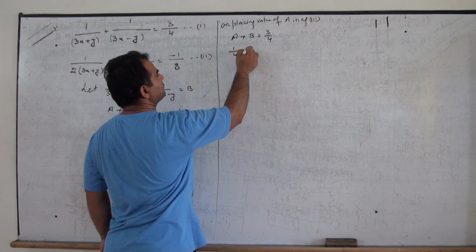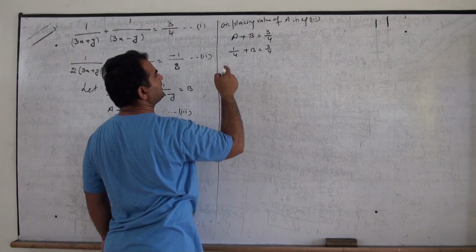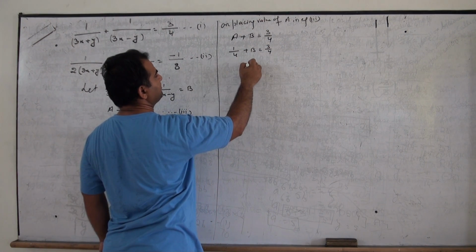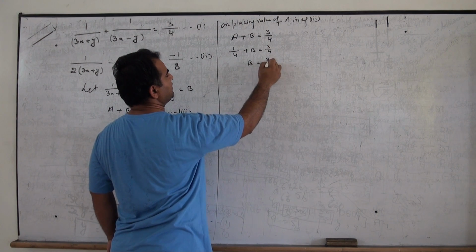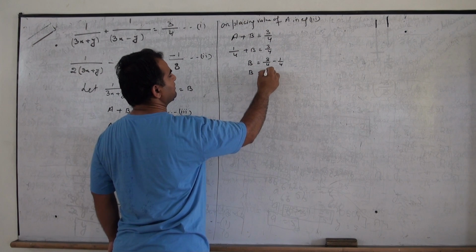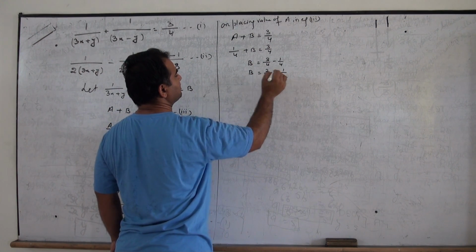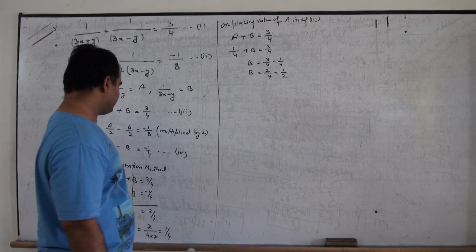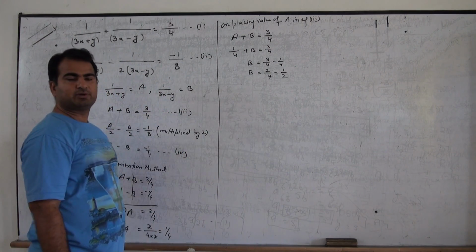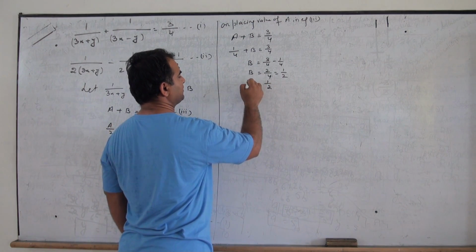So 1 upon 4 plus b equals to 3 upon 4. What we can do is, we can write it down like this. b is equal to 3 upon 4 minus 1 upon 4. So b should be 2 upon 4, and we can also write it as 1 upon 2. So what is the value of b? b is 1 upon 2.